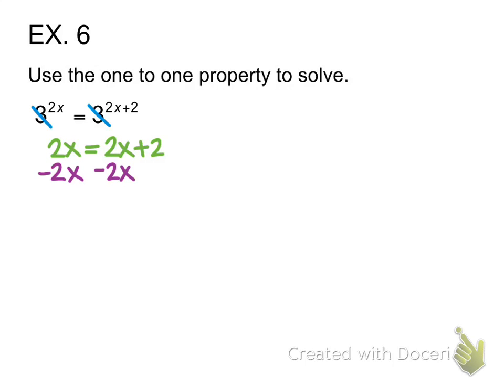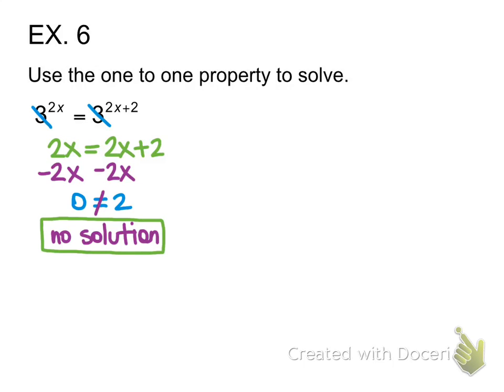So when I try to move the 2x's to the same side, you notice that the 2x's cancel. But I've still got 0 equal to 2. Well, 0 doesn't equal 2. 0 doesn't equal anything other than 0. So anytime you get something crazy like that, that means there is no solution. There's no number that I could plug in where these two are going to equal each other.